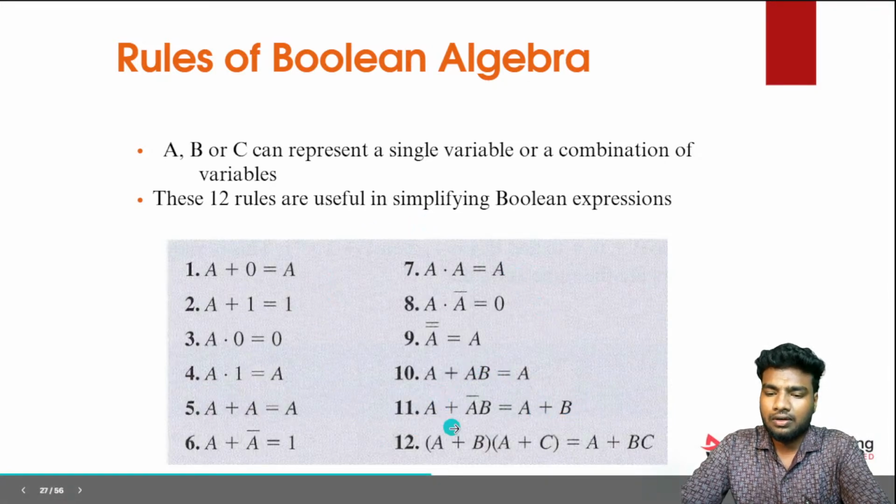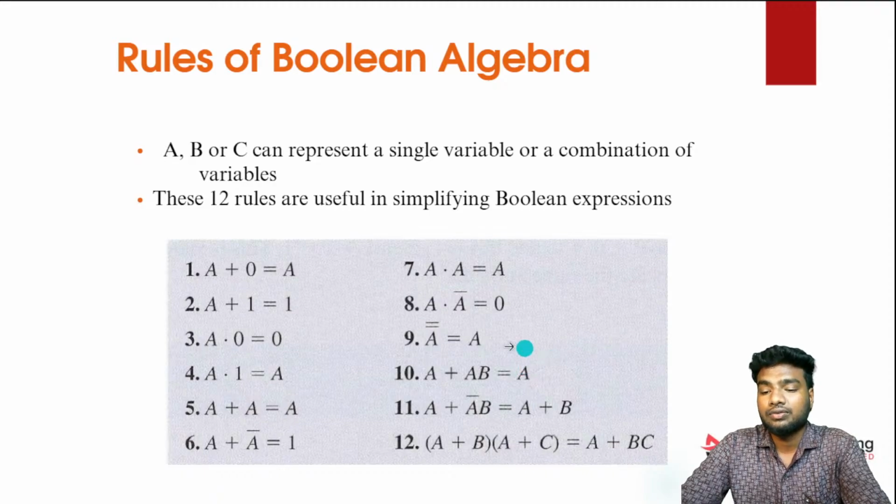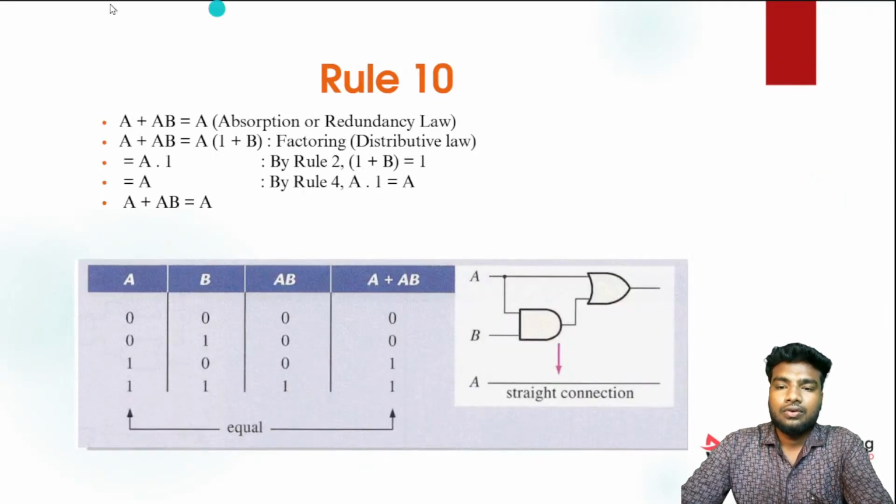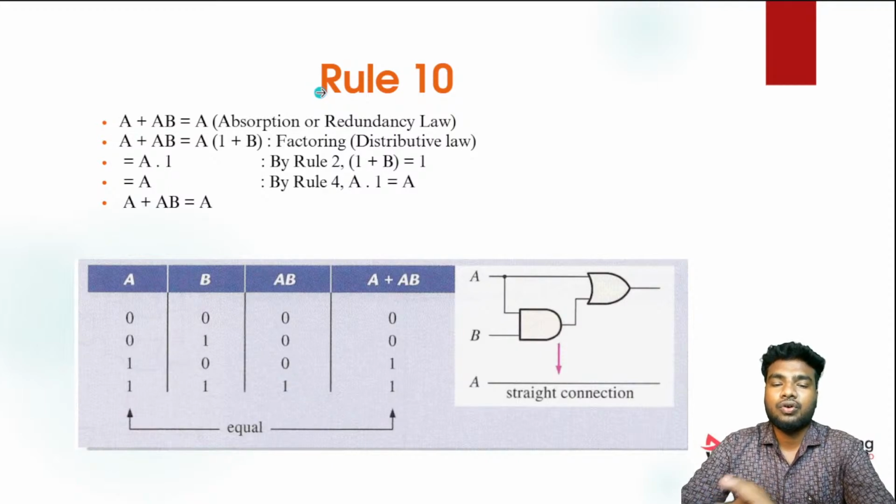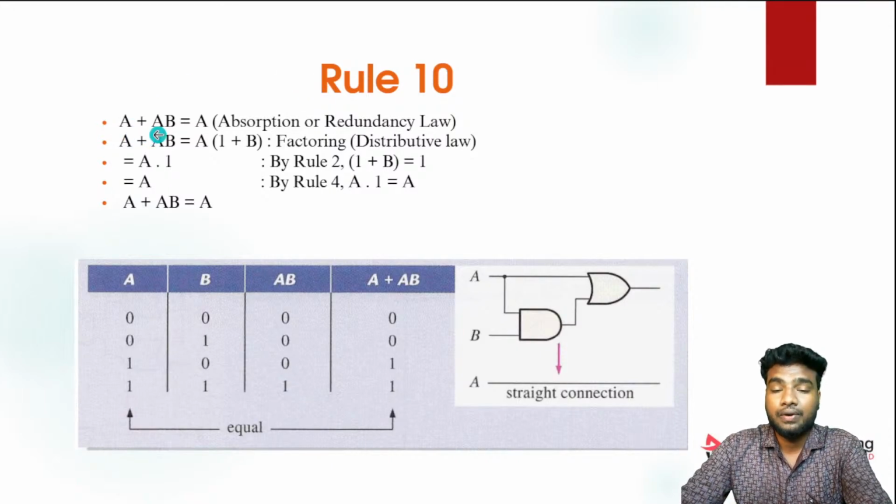But some people may not know how a plus ab equal to a comes. So let's see how it comes. Rule 10: we know that a plus ab equal to a. Let's see how. We can take out the a from this equation. Both terms have the a; this is one term, this is another term. So I just take out the a commonly.